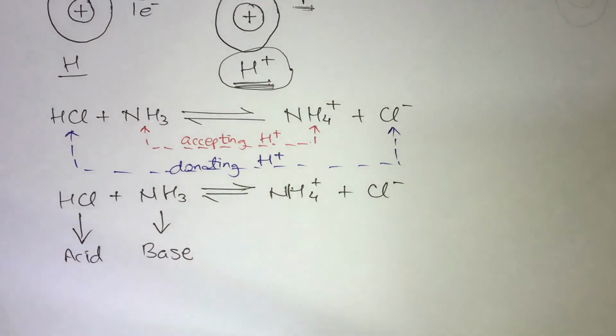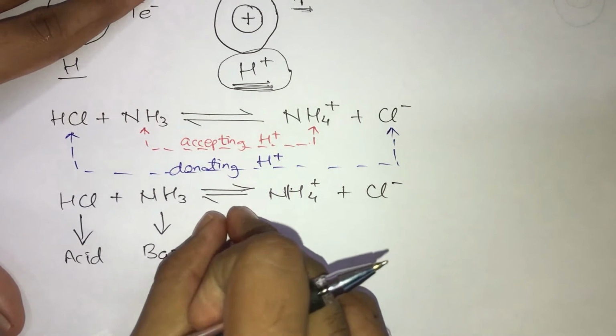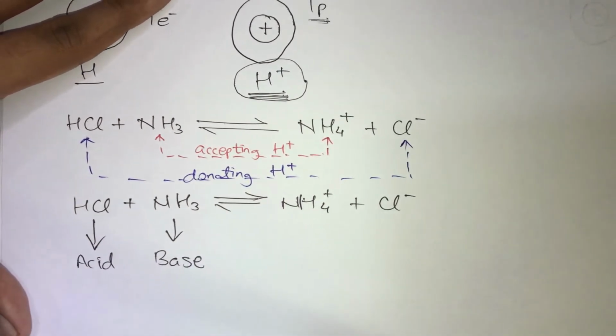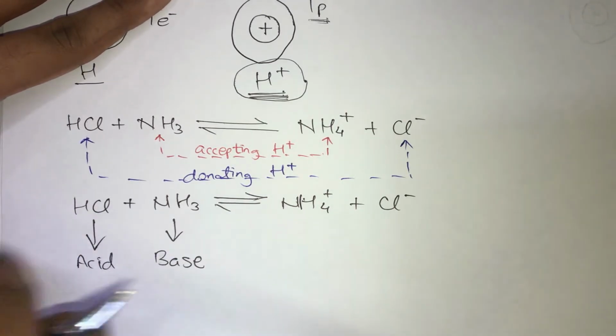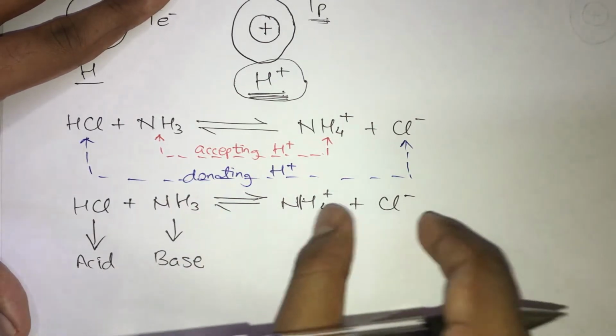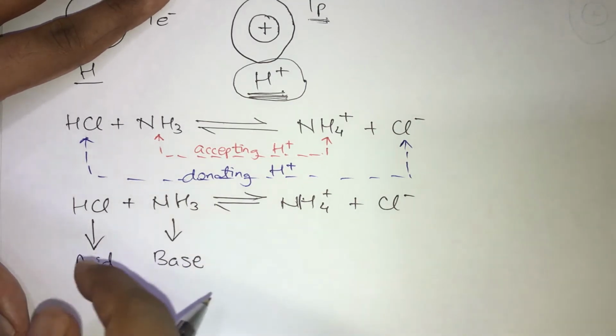Now watch carefully, guys. This reaction is a reversible reaction, which means that there is a forward reaction present as well as a reverse reaction present. First, the reactants are going to turn into products, and the products are going to turn back into reactants.